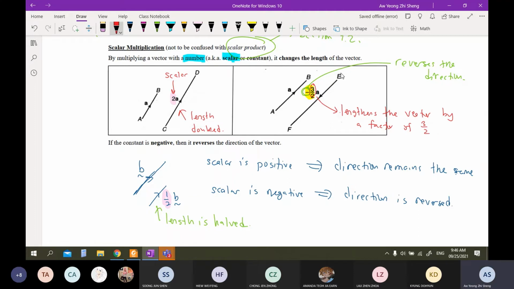Which means the length of the vector EF is 3 over 2 times the length of vector AB. For example, if your AB is 1 cm, then your EF will be 1.5 cm.